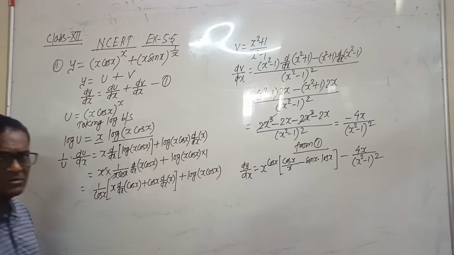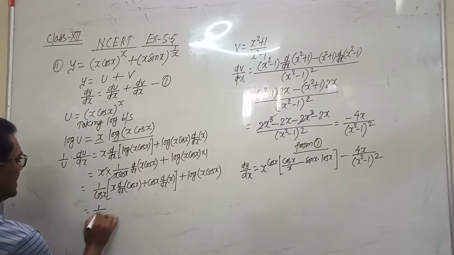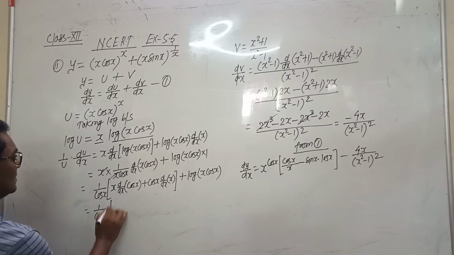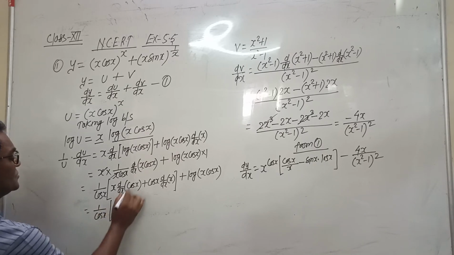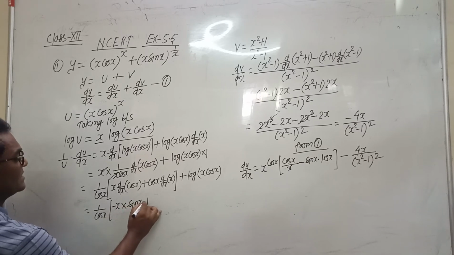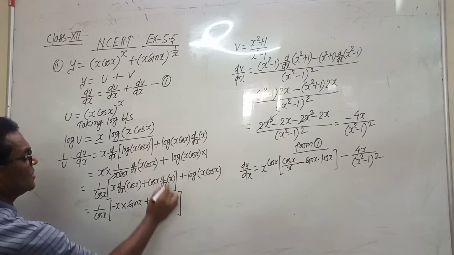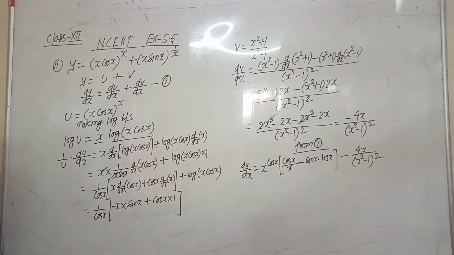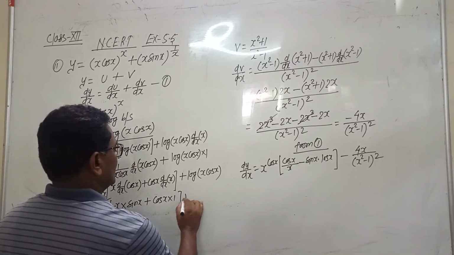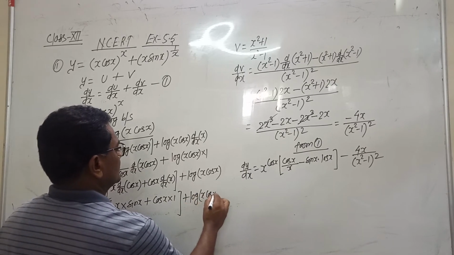Log x cos x. So 1 by cos x, x as it is, differentiation of cos x is minus sin x, plus cos x as it is, and differentiation of x is 1, plus log x cos x.